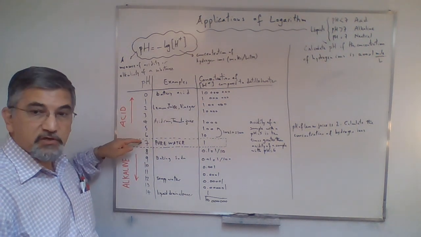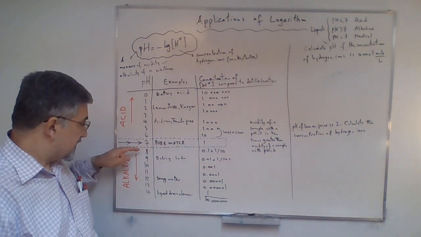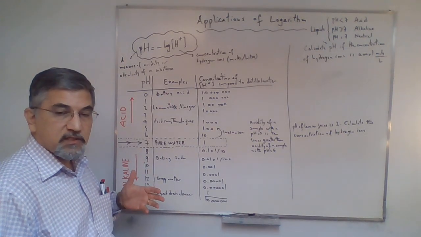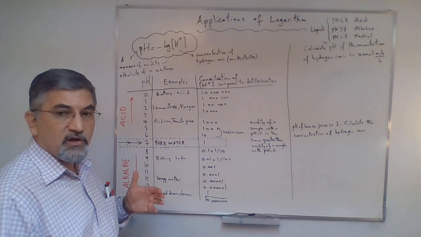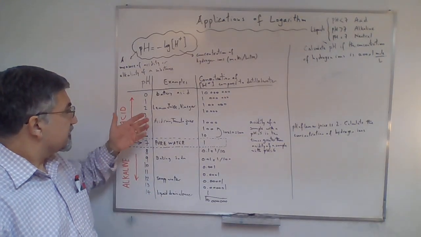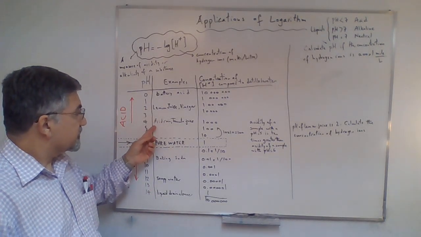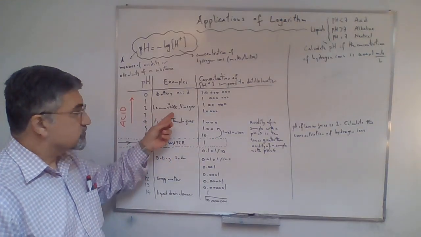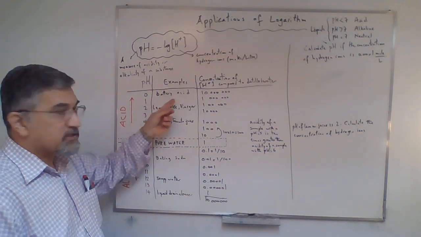But if the pH number is more than 7, 8, 9, 10, all the way to 14, then it's considered as an alkaline. For example, we have acid rain or tomato juice or lemon juice, vinegar, or battery acid.